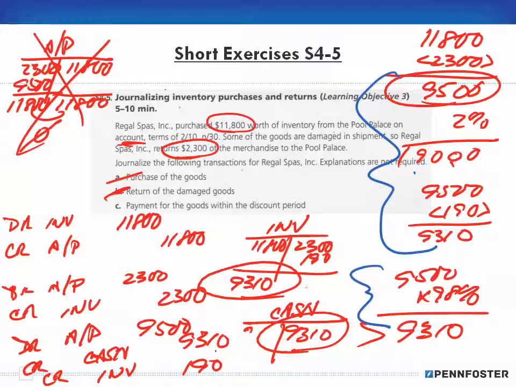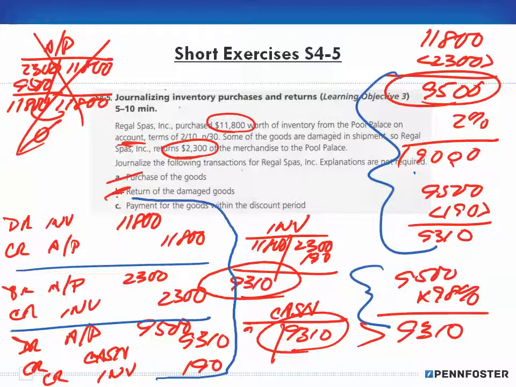So I have my debit to inventory for 9,310 and a credit to cash for 9,310, just as if I had purchased it using cash after taking a discount. All right. So that's the net effect of these journal entries. All right, so I'm going to stop here and pick up in the next video with 4-6.